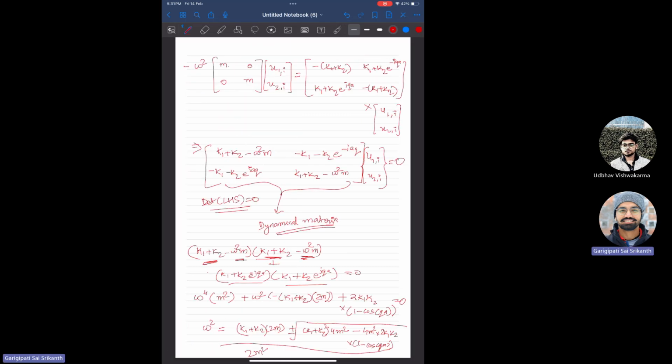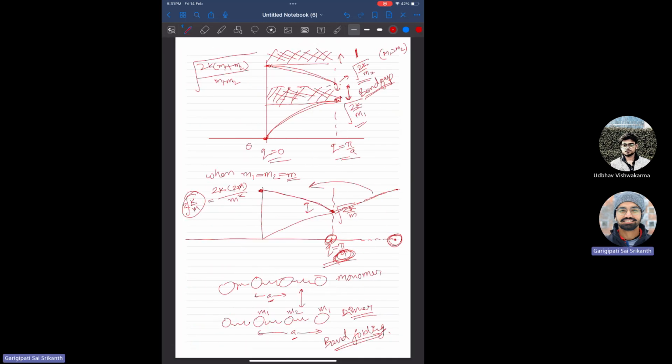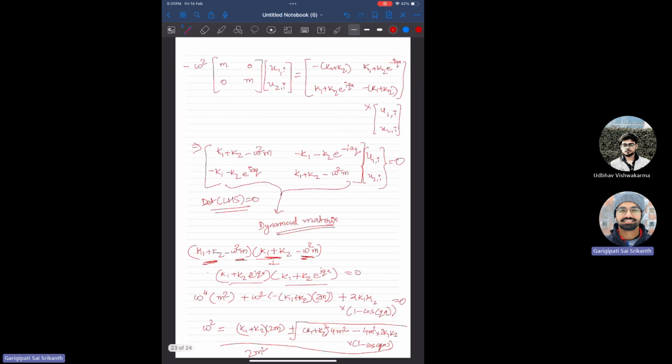So if we compare, just like in the mass dimer case, we had 2k by m1, 2k by m2, and if m1 and m2 were equal, let's say m1 is equal to m2 is equal to m, these two points would come closer, and then we'll have band touching.